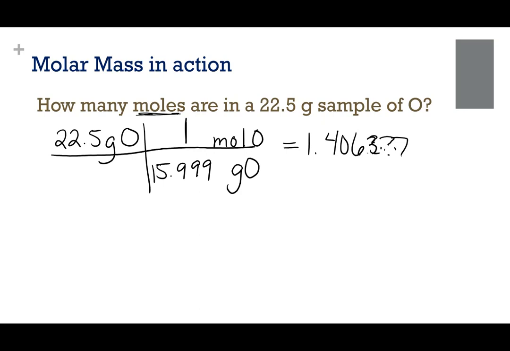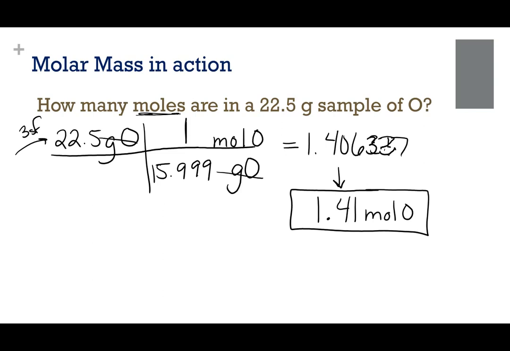Is that the number that I'm going to report? Of course not. So 3 sig figs here. So when I report my answer, I can only report 3 sig figs. So 1.41, grams canceled, and that is moles of oxygen.